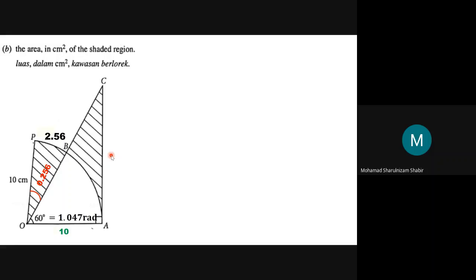Okay, to find the area shaded region of BAC, what I do is find the area of triangle ACO, minus with the area sector of BOA. Very good.